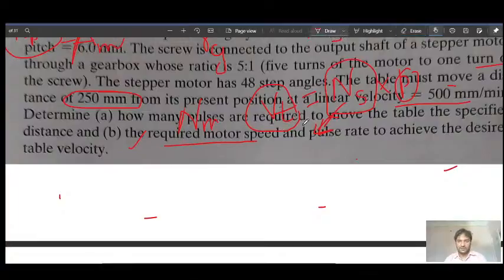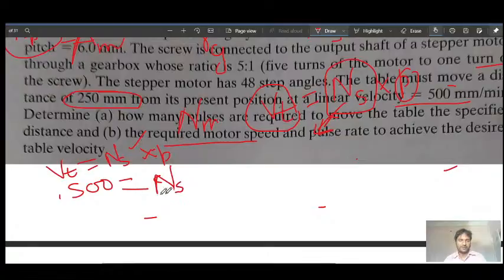So Vt, how much is given? 500. Vt is equal to Ns into pitch value. So Ns is 500 by 6, since the pitch value is 6. This is the Ns value, and again we have to find the motor speed.